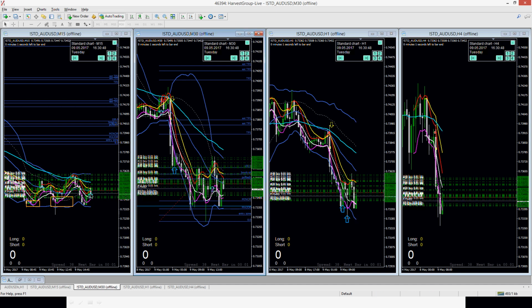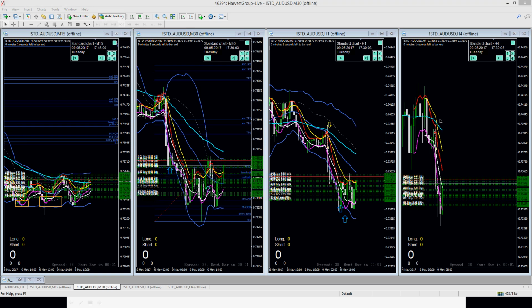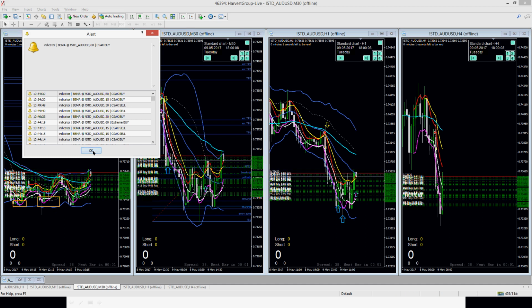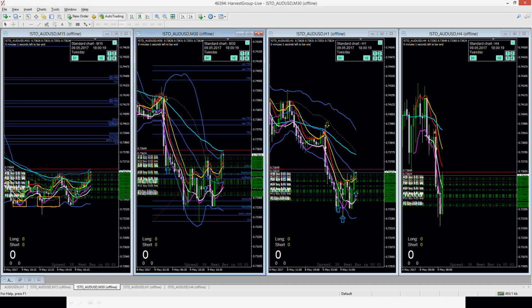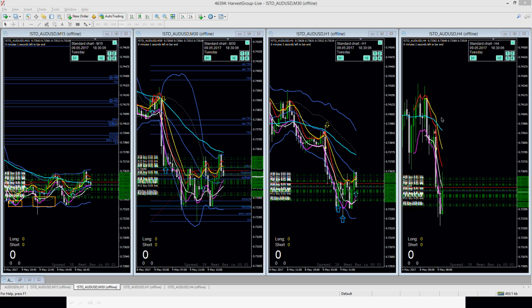There's a candlestick Arakuko buy on M15, so that's a good sign for us, since we're floating at the moment. Let me just expedite things. Okay, now I have a candlestick Arakuko buy on H1, so things are getting much better.